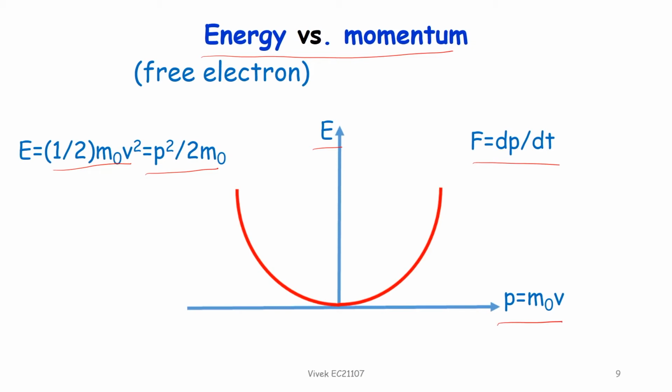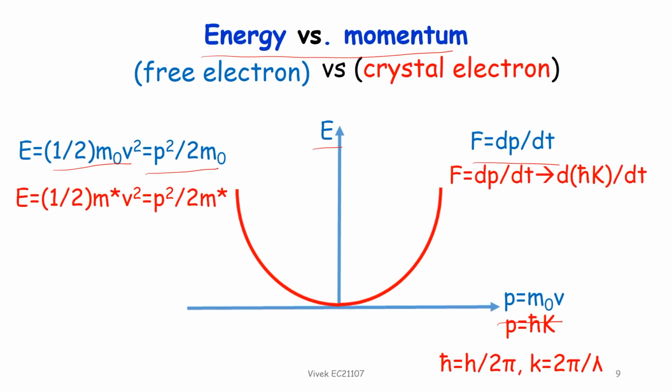Now you can compare this with the electron in the crystal. For a crystal electron, again you can write E equals half m v squared, but here the mass is now the effective mass, or you can write p squared by 2m. Now, owing to Planck, here we have momentum which is quantized and is called h bar k.